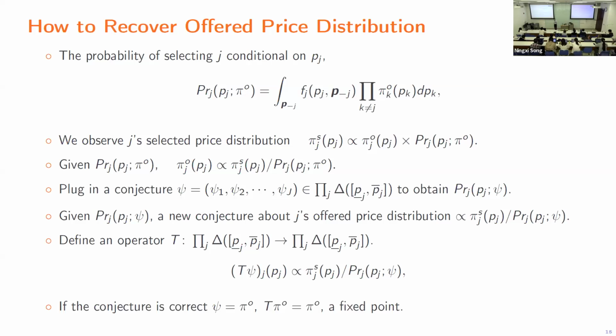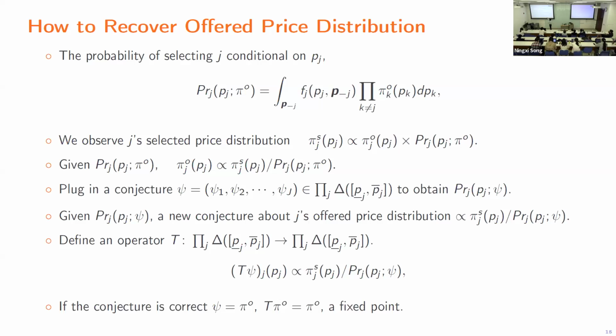For the talk today, if you understand everything on this slide, you understand everything for the talk. Recall that we just computed the probability of selecting alternative J, conditional only on J's price.